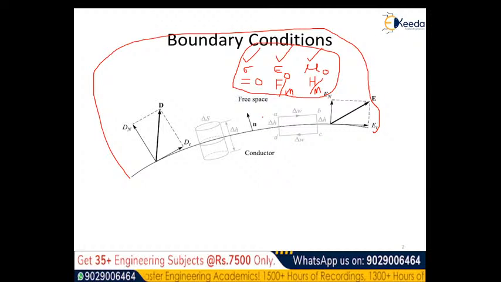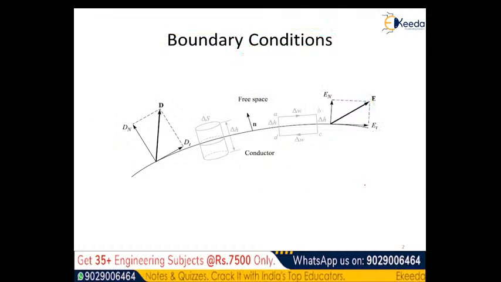So this is the free space here. Whereas for the conductor, sigma will not be equal to 0. It will have a certain positive value, and then only we have the conductivity. And the corresponding epsilon and mu will of course be there. So this is the first type of boundary, between free space and the conductor.